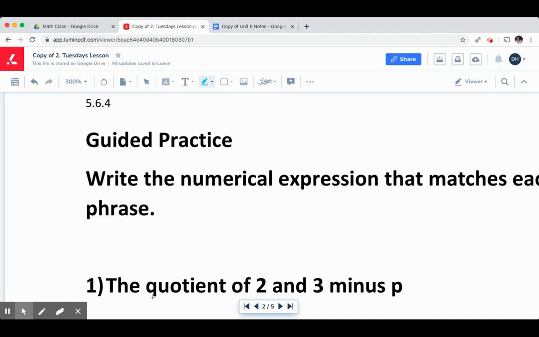The word quotient tells us that we're going to be doing division. And the word minus tells us that we're going to be doing subtraction. So now we need to think about what is being divided and what is being subtracted. The quotient of 2 and 3 minus p.